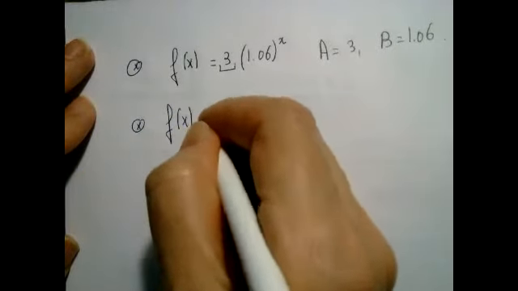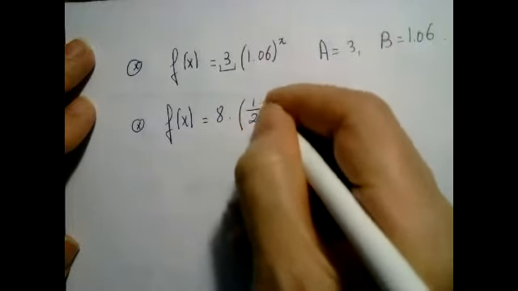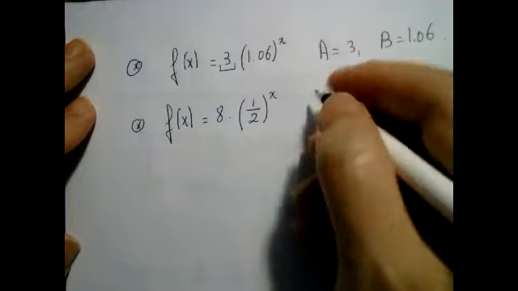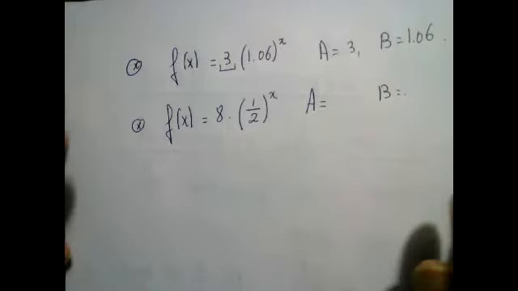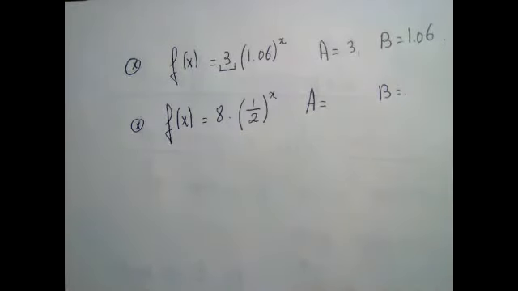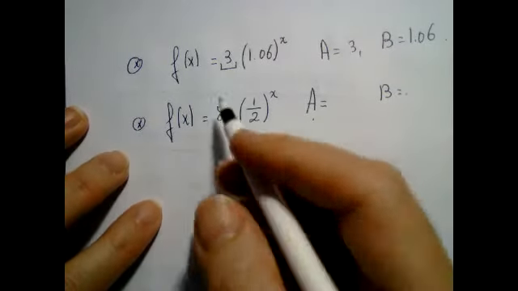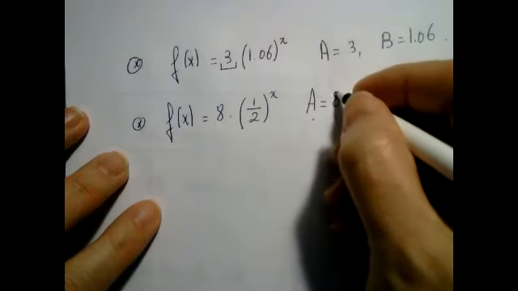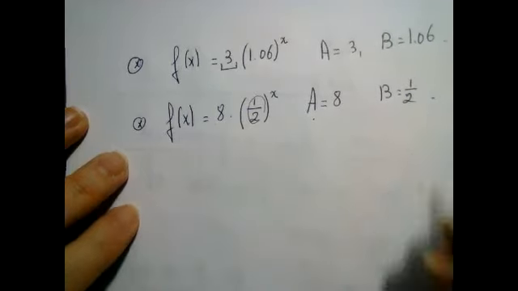Suppose f of x equal, I don't know, 8 times a half to the x. What is the a and what's the b? Quickly on chat. A is 8. The b is the base, it's a half.